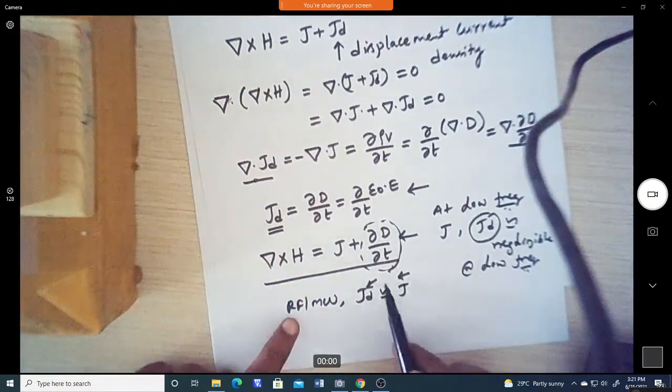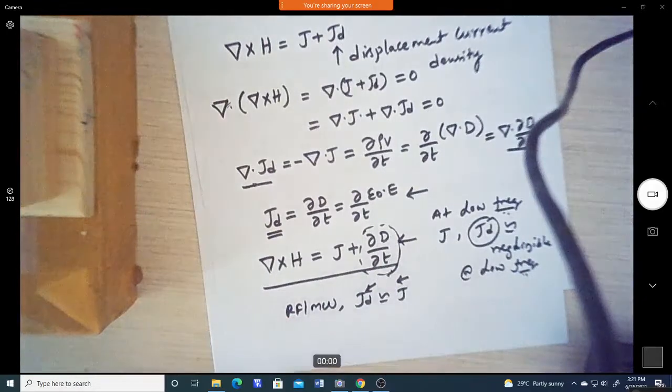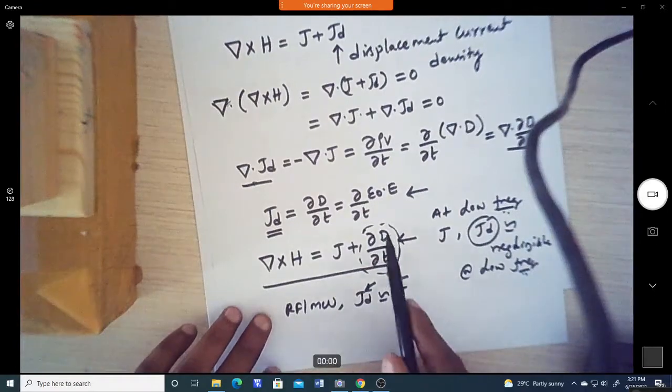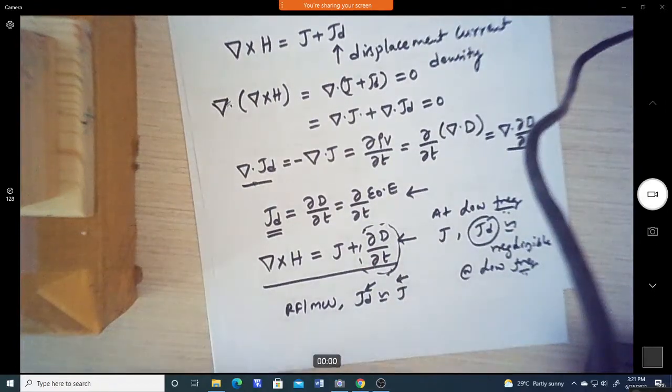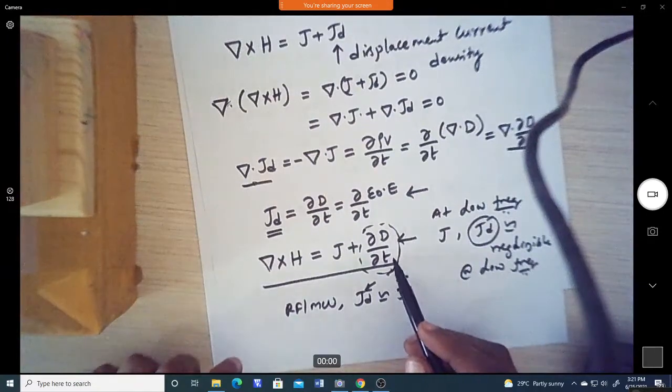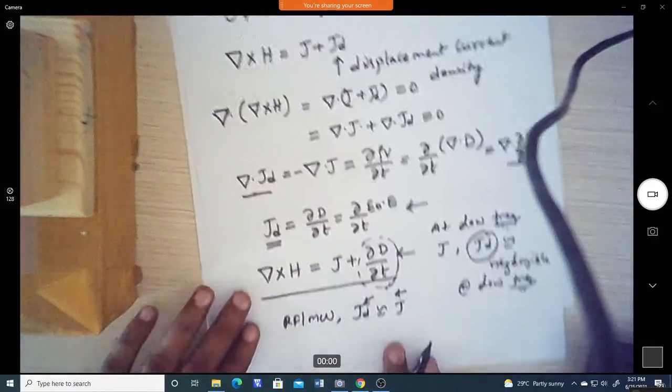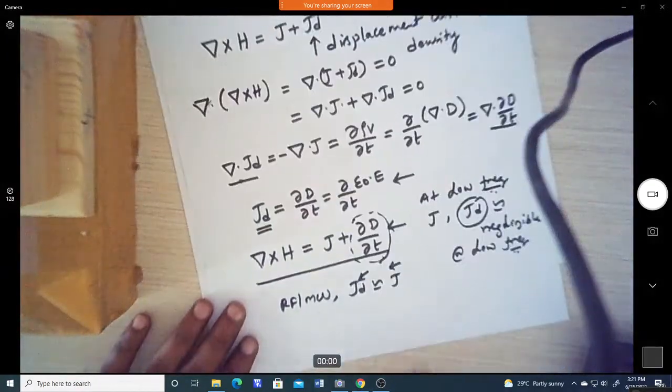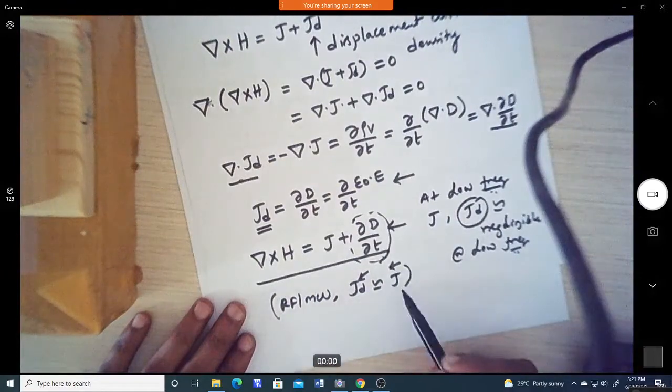So we should not neglect it, and we have to consider it at higher frequencies and even for the time varying case. At the time of Maxwell, he only did the theoretical verification, but not the experimental verification, because of the non-availability of sources at higher frequency.